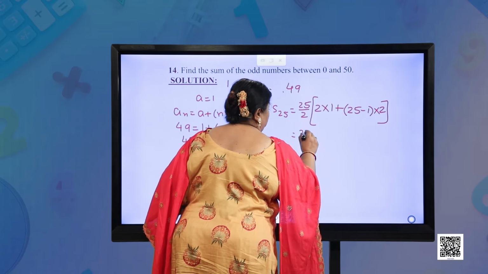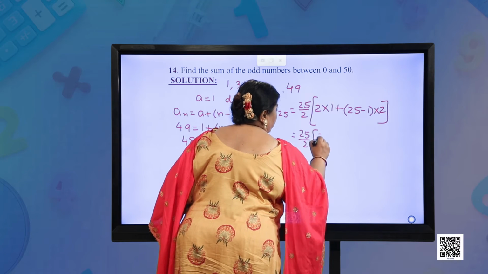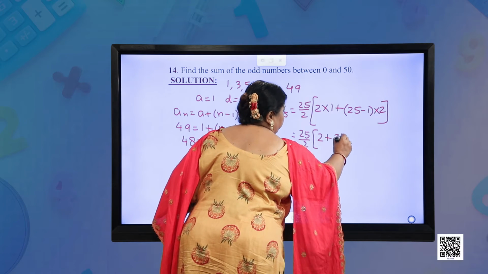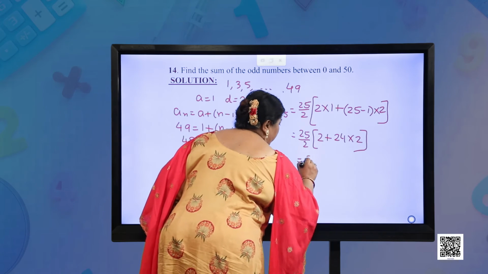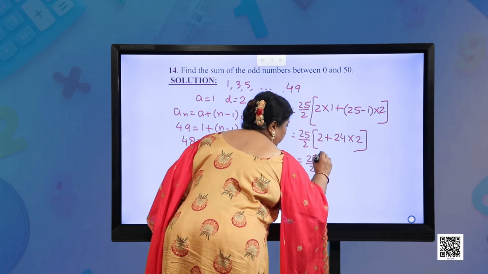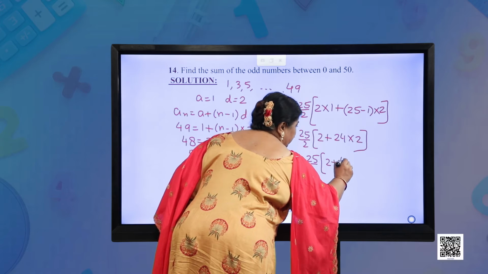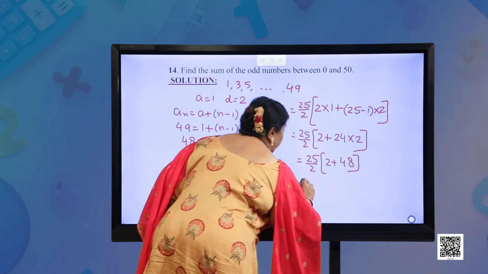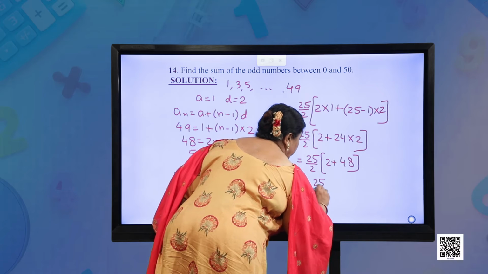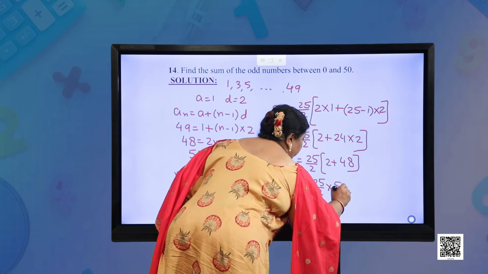So, 25 by 2 into 2 plus 24 into 2. So, we have here 25 upon 2 into 2 plus 48. What is 48 plus 2? It is 25 upon 2 into 50.